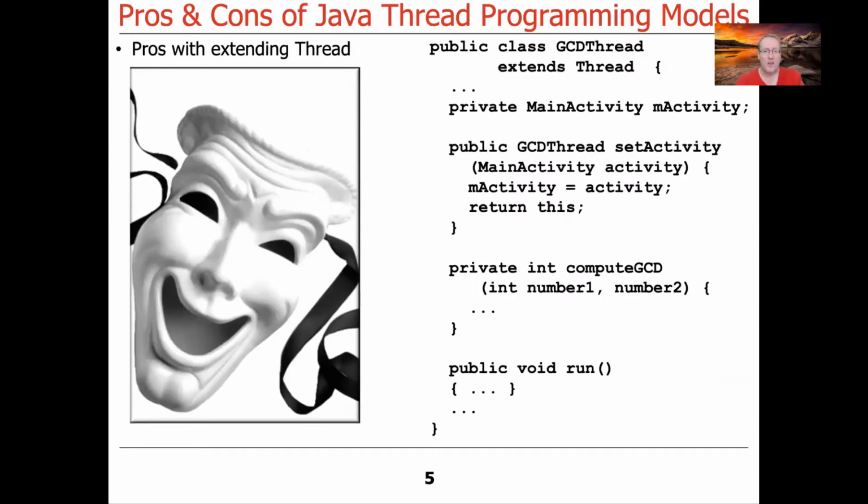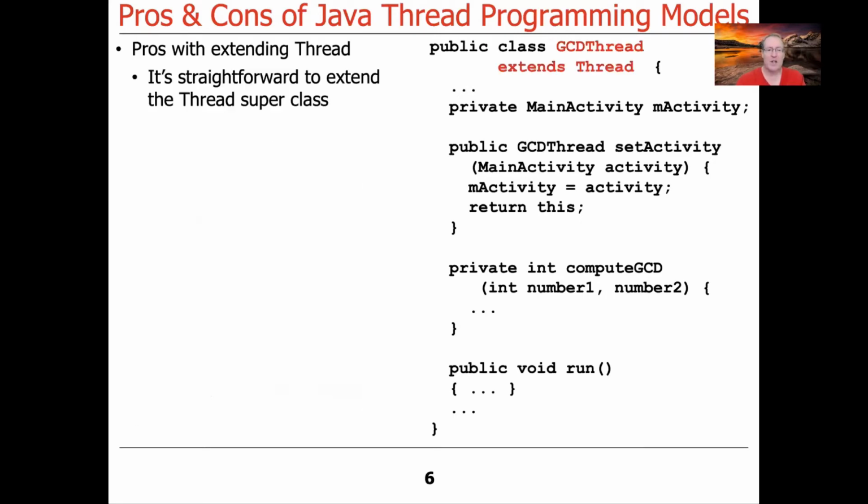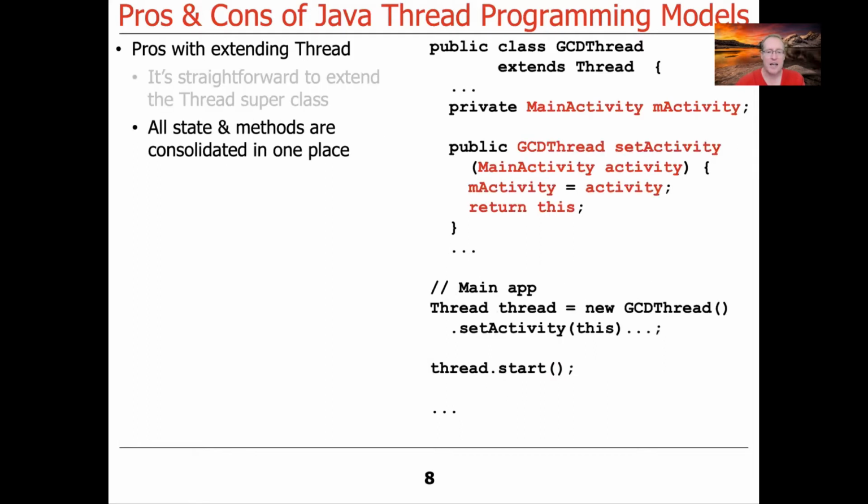So let's start off with the pros of extending Thread. It's very straightforward to extend the Thread superclass. You can see that's what we did here with GCDThread from our example from earlier. All you have to do is just override the run hook method, piece of cake.